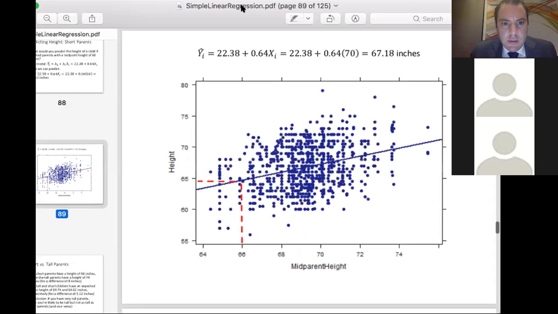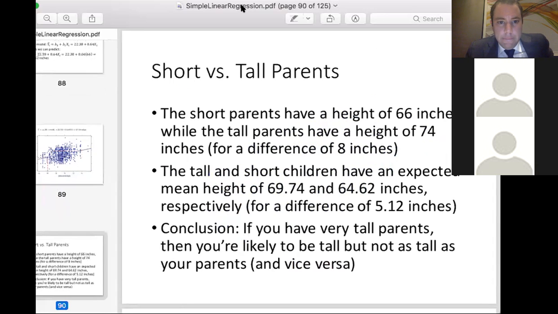But the lecture didn't say anything about that. It just presented it as an example. Yeah, so if you take a look at this, if you look at the short parents, they have a height of 66 inches, and the short children have an expected mean height of 64.